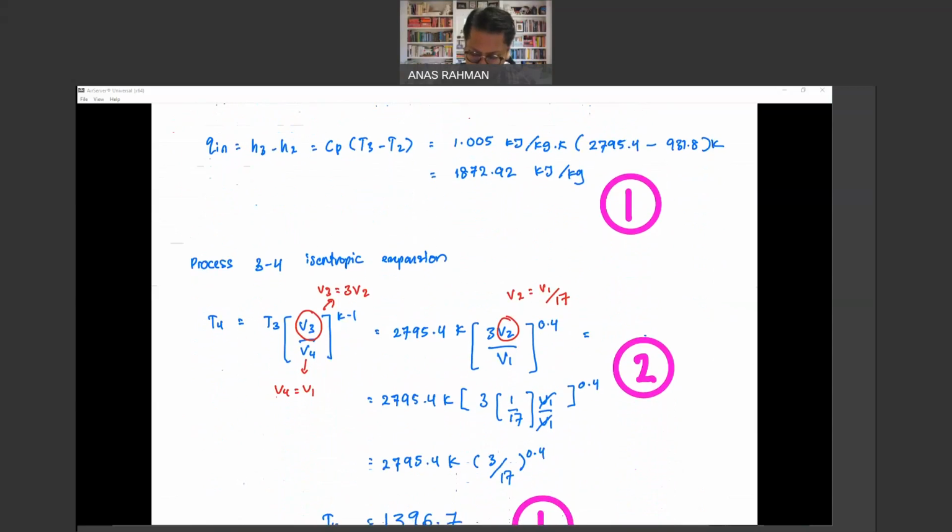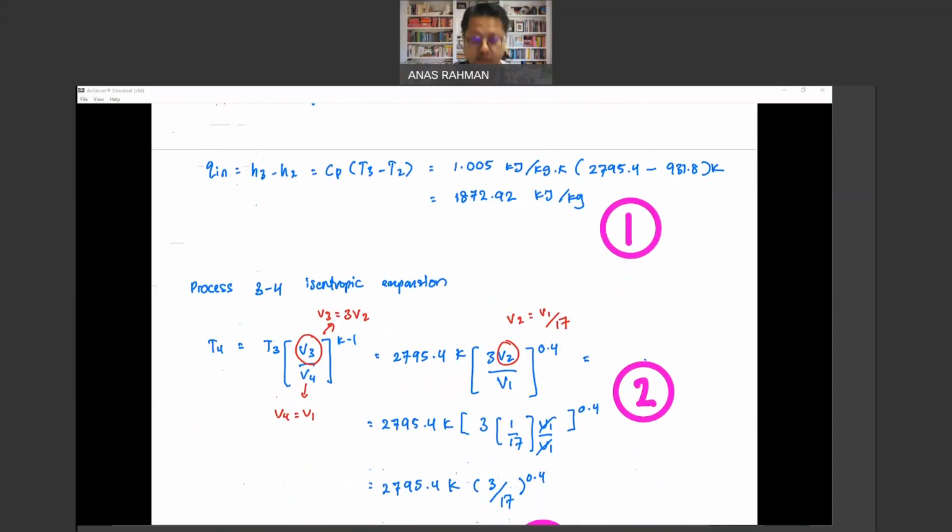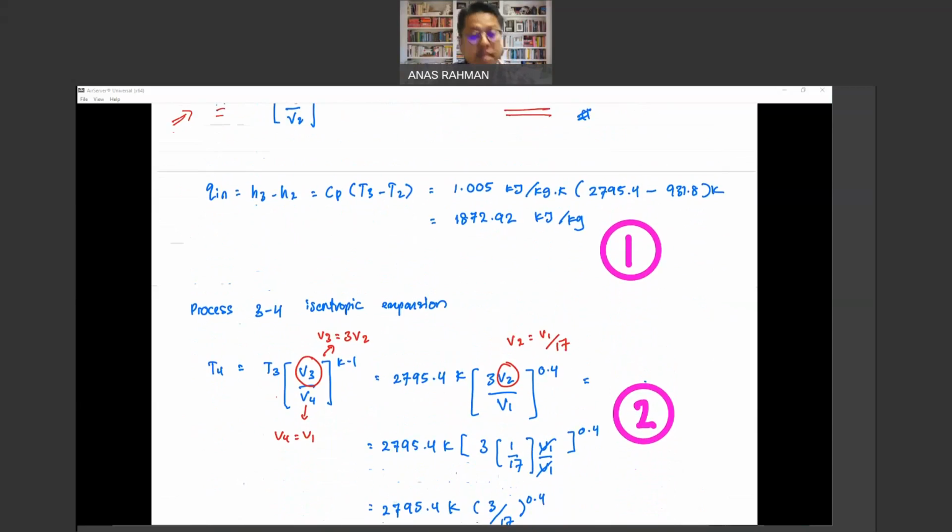Next, we can find Q in. We know it is at constant pressure, so we can use this useful equation. You can use H3 minus H2, it's not a problem, but it is longer and more tedious because you need to refer to the property tables.